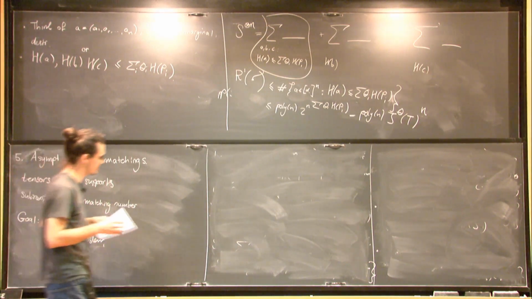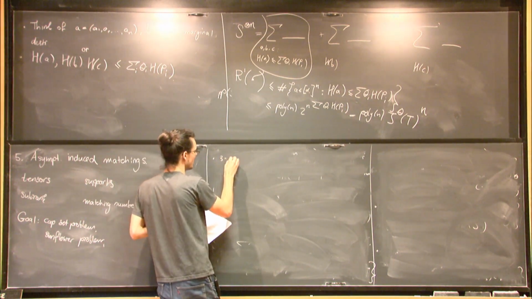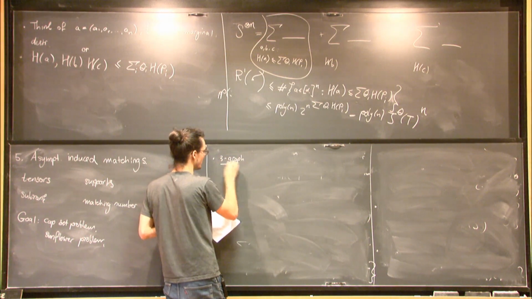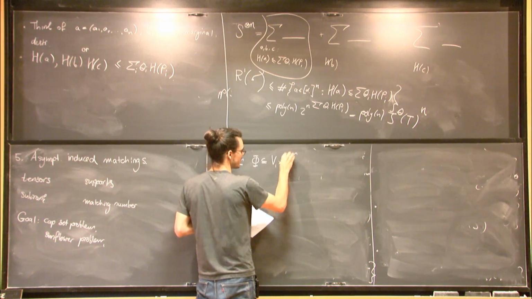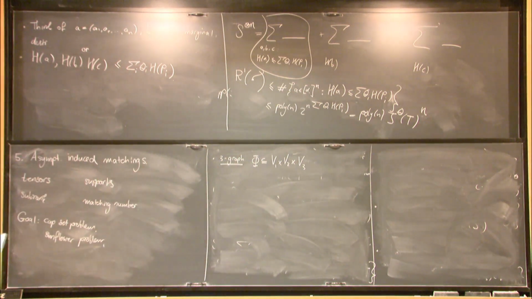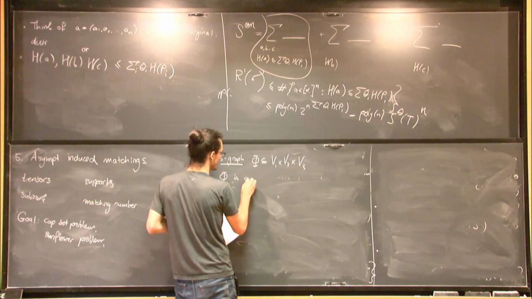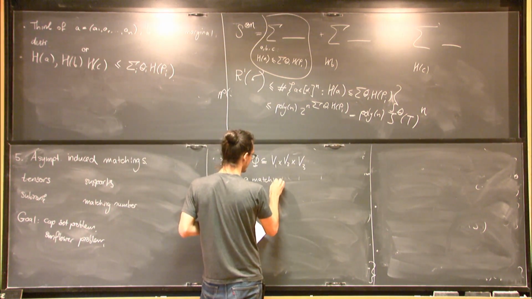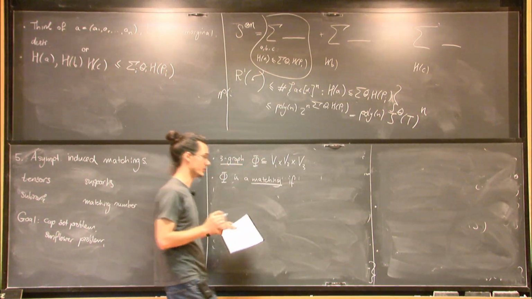Okay. So the objects I want to look at are hypergraphs, or 3-graphs. And they're simply subsets of a product set, a finite product set. So V1, V2, V3 are finite sets. And look at subset phi. Of course, phi are also supports of tensors, so that's kind of the link I'm trying to make here. And then we say that phi is a matching if the elements are disjoint.